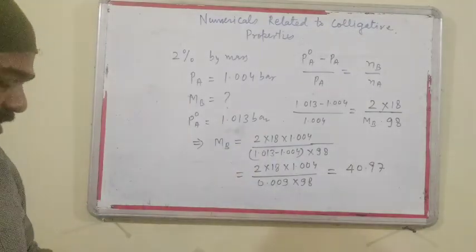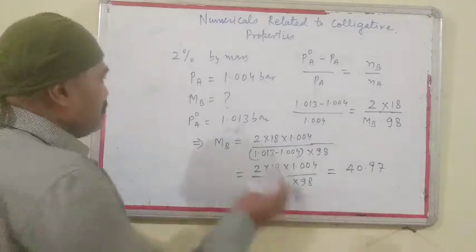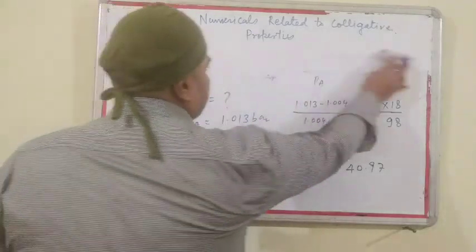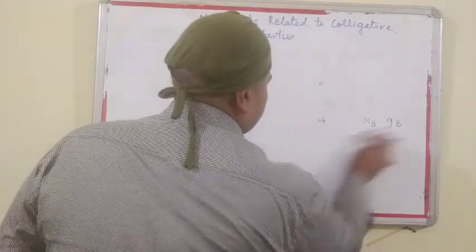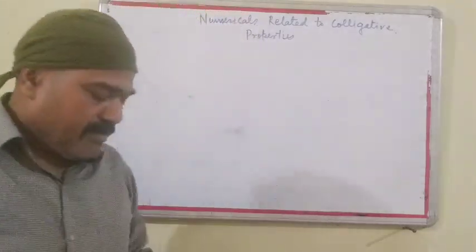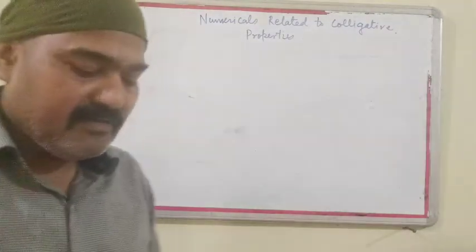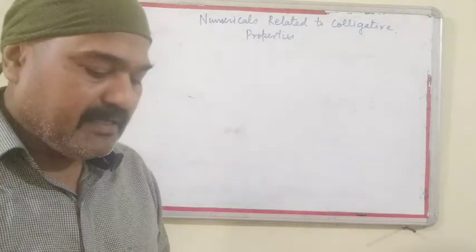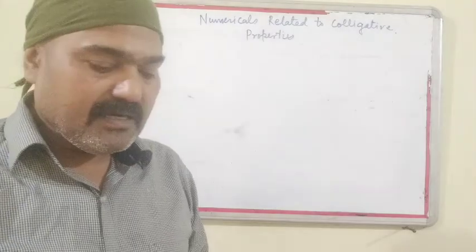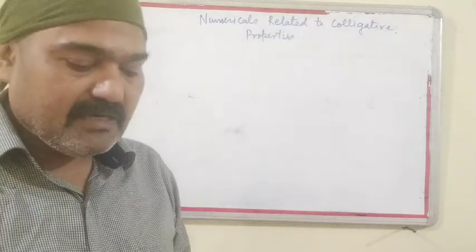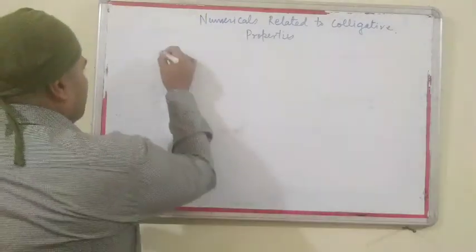Okay, now we take another question, that is 2.16. This question says that heptane and octane form an ideal solution at 273 K. The vapor pressures of the two liquid components are 105.2 kilopascal and 46.8 kilopascal.